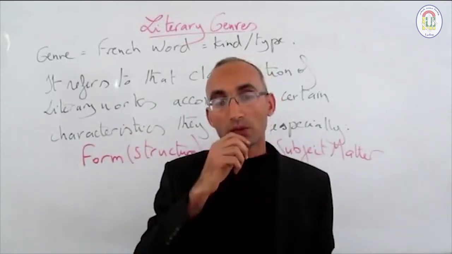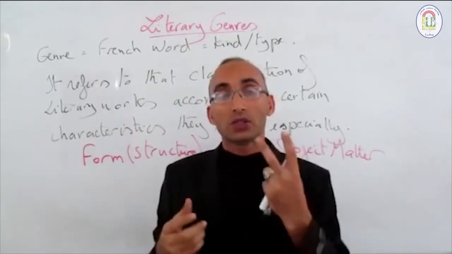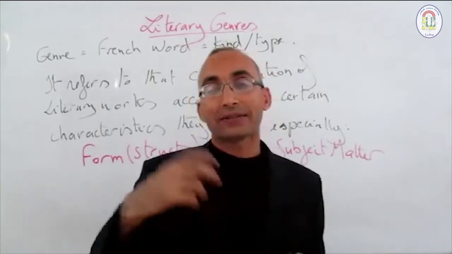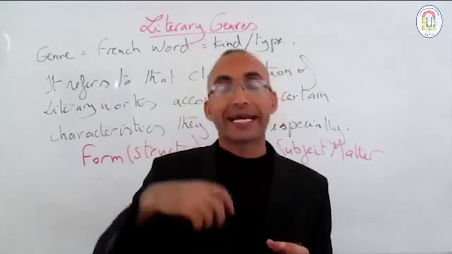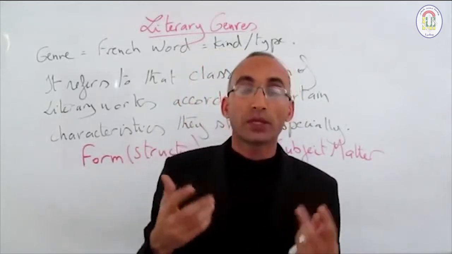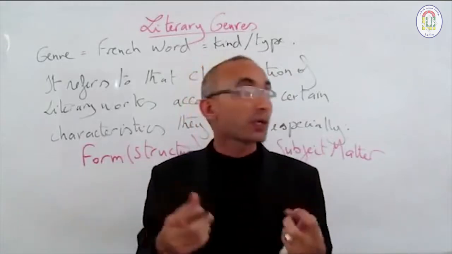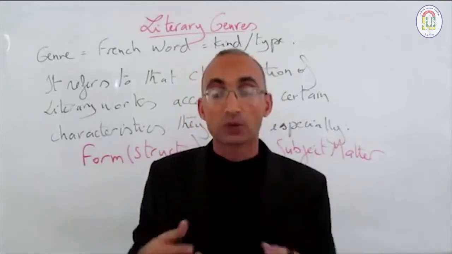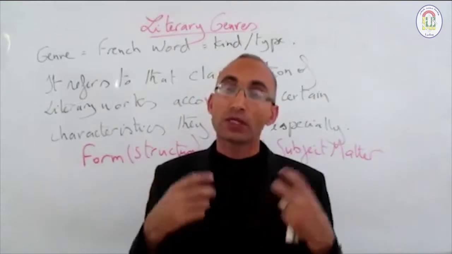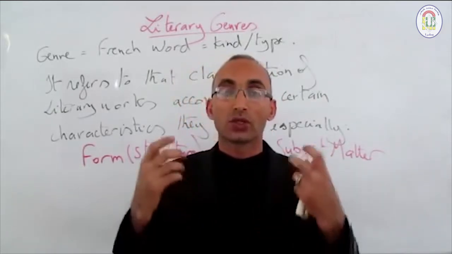Now, prose also focuses mainly on two main elements, which are plot and characters, unlike poetry, which is concerned mainly with sounds, with rhythmical patterns of the poem and so on. So prose is concerned mainly with plot and characters. These represent its core.